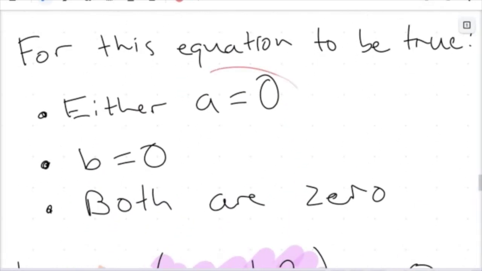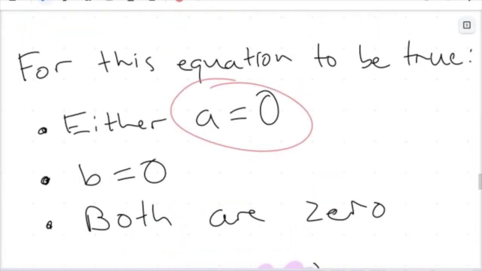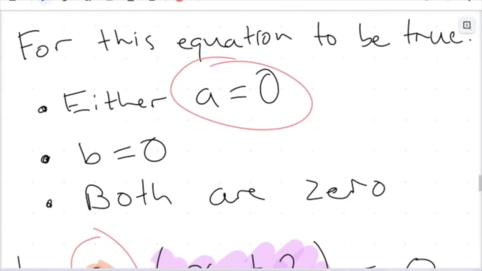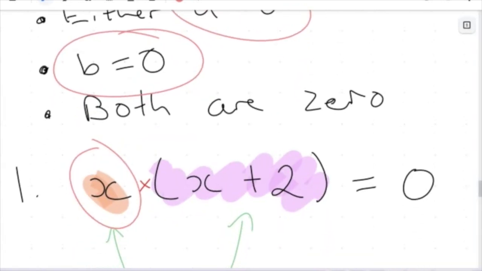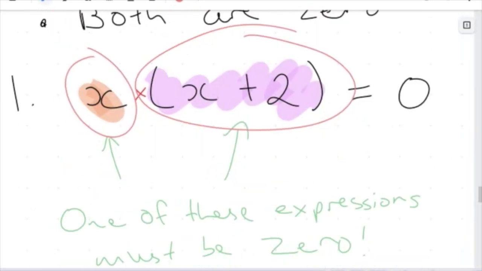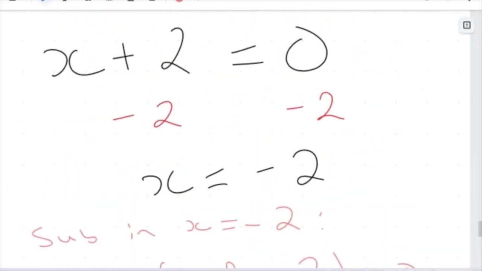For this equation to be true, either my first thing multiplying, so this one on the left, can be 0, or B, my second one here, can be 0. And that's this whole term, this whole x plus 2. So we're going to do this with a couple of other examples here, just to really drive this idea home.